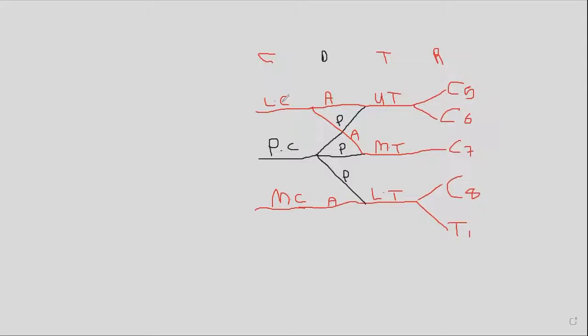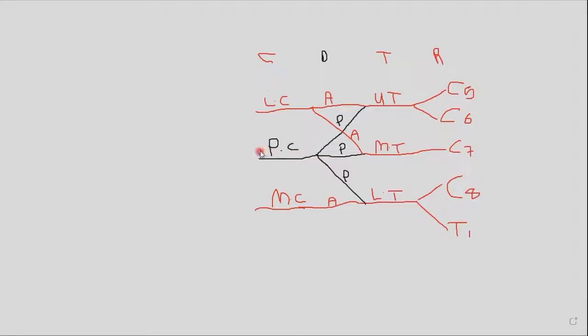So these cords are named in reference to the axillary artery. Just imagine you have the axillary artery here at the center. What you notice is that the lateral cord will be lateral to the axillary artery. Okay, just imagine the axillary artery is passing here.